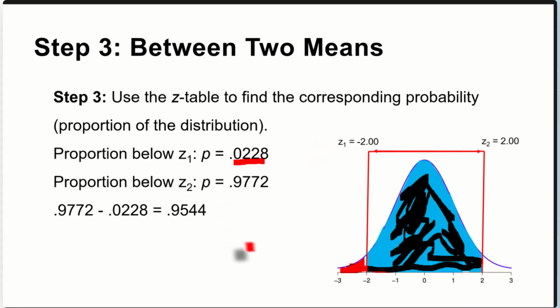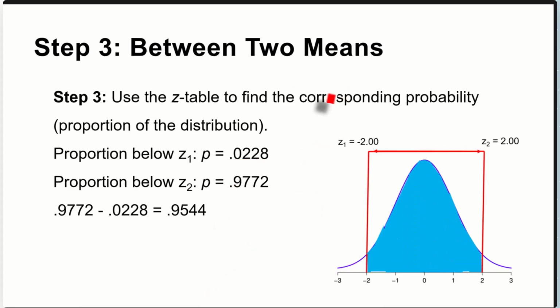So we want to get the difference. When we're computing what's between, we're taking the larger amount, which describes everything below the z-score, and we're subtracting this little area right here.